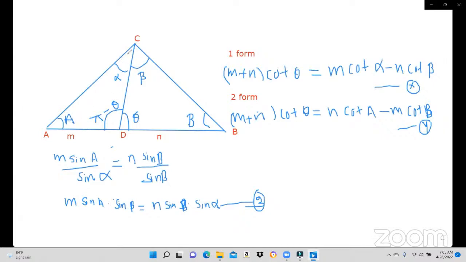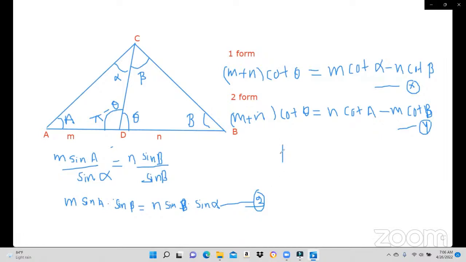If you consider this triangle, what equations can you take? Since the total angle of a triangle equals 180 degrees, A plus alpha plus pi minus theta equals pi. And also beta plus B plus theta equals pi. By using those two equations, you can have the relationship for alpha and beta.